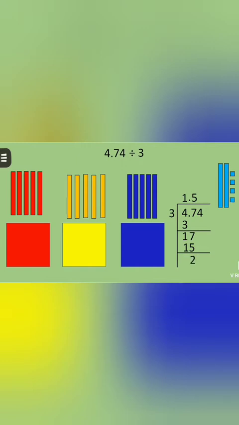Now, regrouping the 2 tenths to its lower place value 100, we get 20 plus 4, 24 hundredths, which on equal division of 3 groups, we get 8 hundredths for each group.